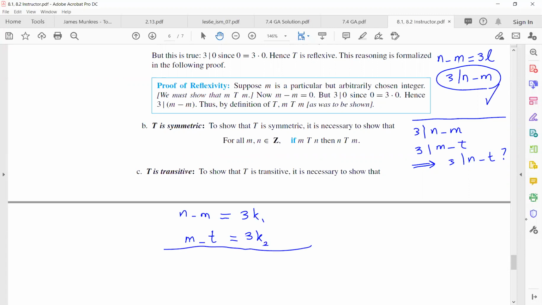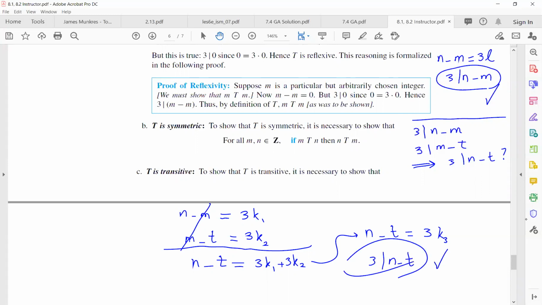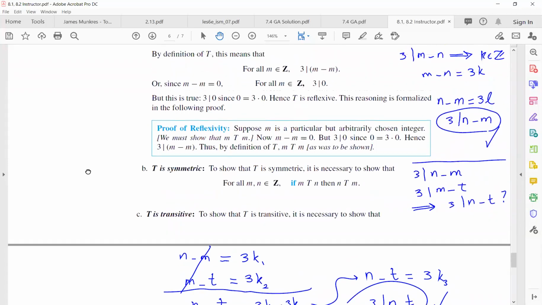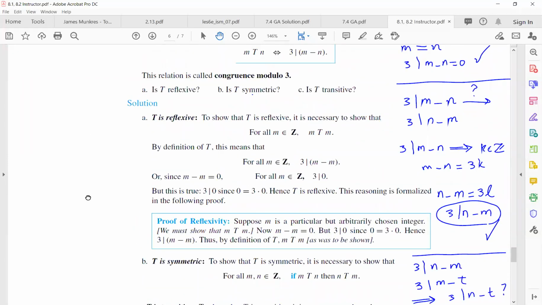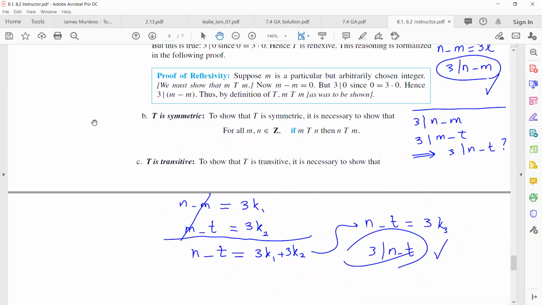If you add these together, you can cancel out m and minus m. You get n minus t equals 3k₁ plus 3k₂, which is a new integer, and it has factor 3. So n minus t is 3k₃. So 3 divides n minus t. So we just proved that congruence mod 3 is an equivalence relation.